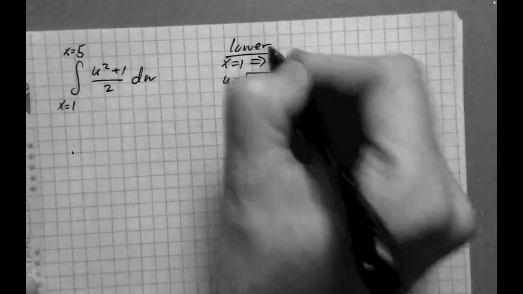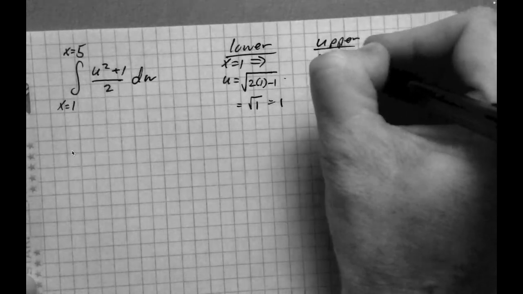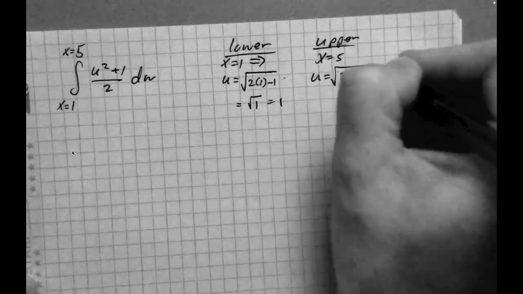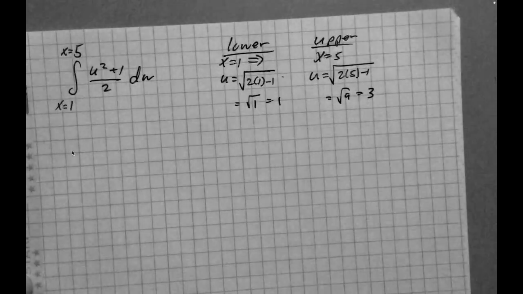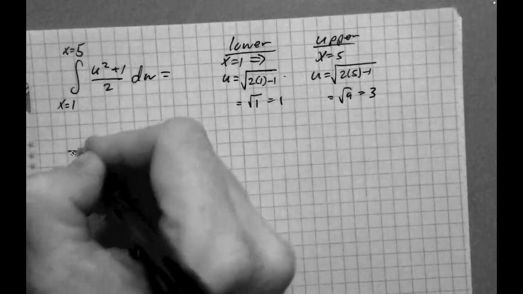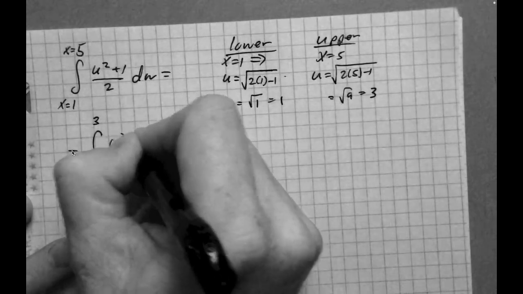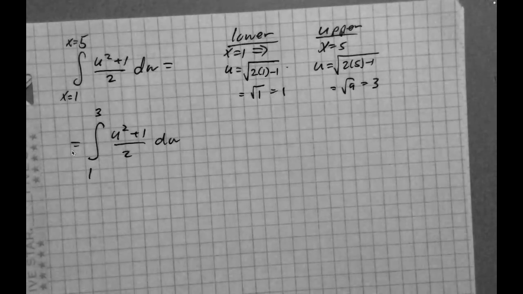Okay, so there's the lower, and then the upper, x equals 5, so u equals the square root of 2 times 5 minus 1, which equals the square root of 9, which is 3. Okay, so that means we can change this to the integral from 1 to 3 of u squared plus 1 over 2 du.